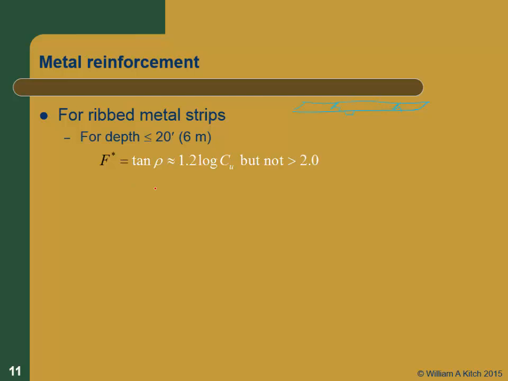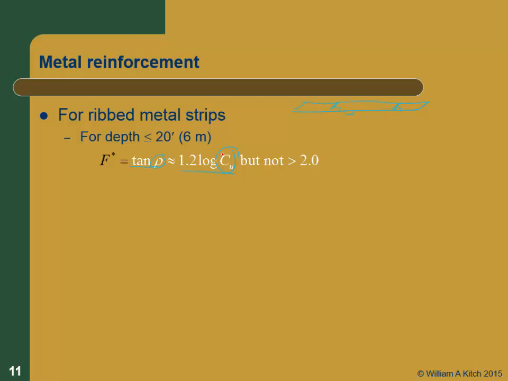But you calculate the frictional resistance. If you're going to estimate it as tan, we're going to use rho for the interface friction angle. And they estimate that based on the coefficient of uniformity. This is a completely empirical fit, and it should make some sense.